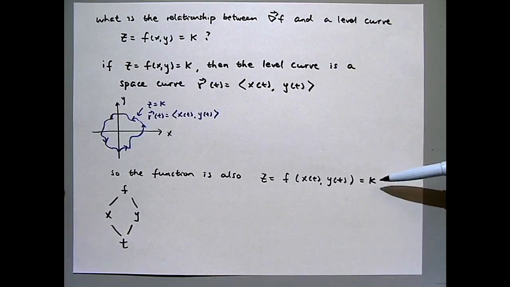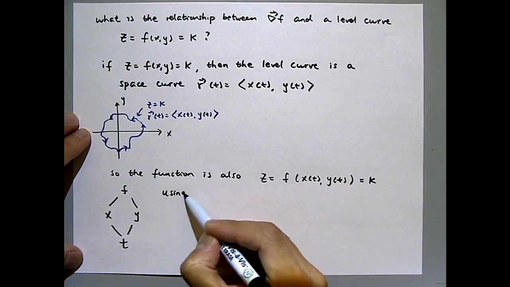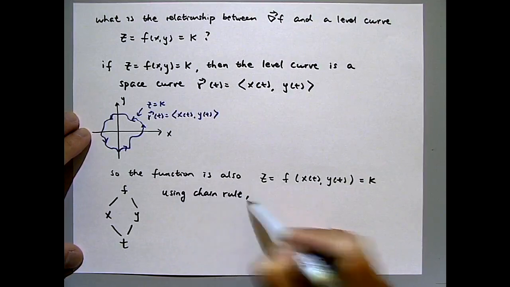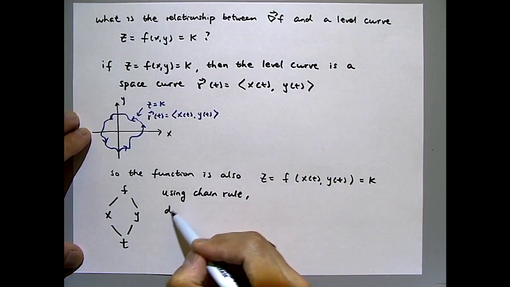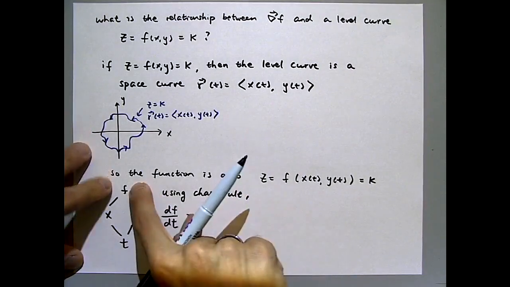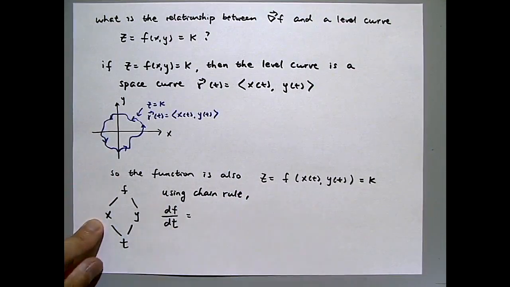Let's take the derivative of f here. Using the chain rule, we see that df/dt, and we use a regular d because f ultimately depends on t only, but it has two intermediate variables.